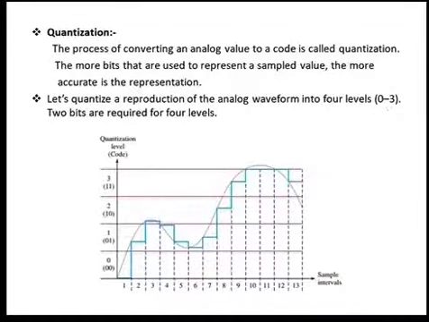And of course, for 4 binary numbers, you need 2 bits. So each quantization level or code is represented by a 2-bit code on the vertical axis, and each sample interval is numbered along the horizontal axis.